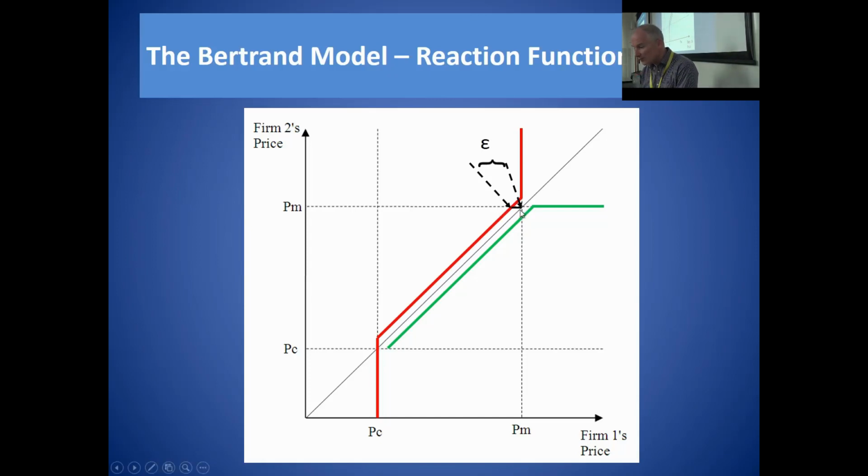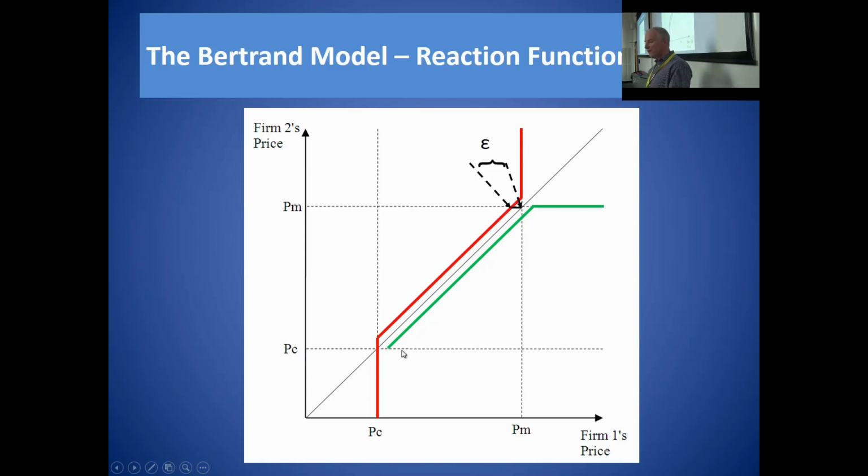Rather than matching its price, firm 2 charges a price ever so slightly less and captures the entire market. Both of these best response lines don't trace out the 45-degree line, but they just shadow it. And so that takes us all the way down to that price of PC.